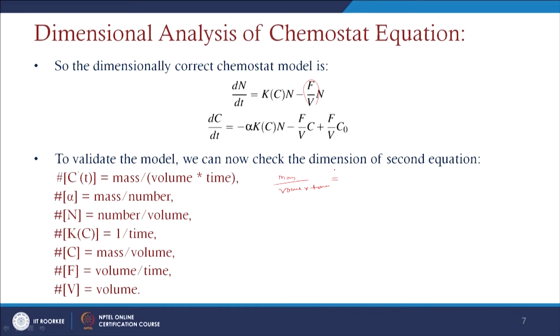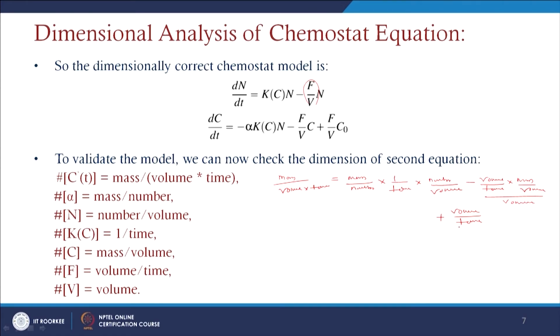This equals alpha, which is defined as mass per number, into K, which is defined as 1 by time, into N, which is number per volume, minus F by V, where F is written as volume per time, into C, which is defined as mass per volume, divided by V, where V is defined as volume, plus F by V. Here F is also written as volume per time, and into C0, where C0 is nothing but a constant.